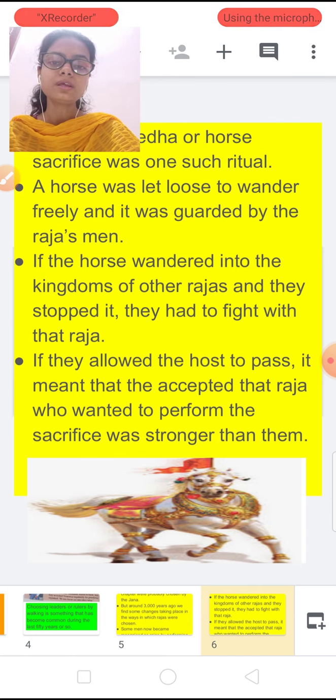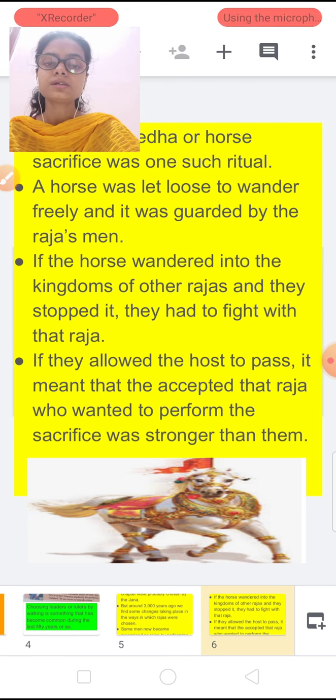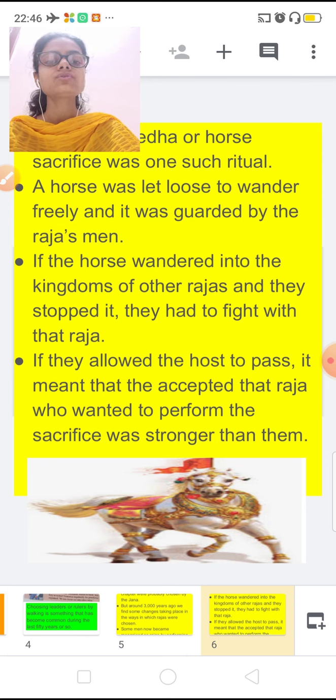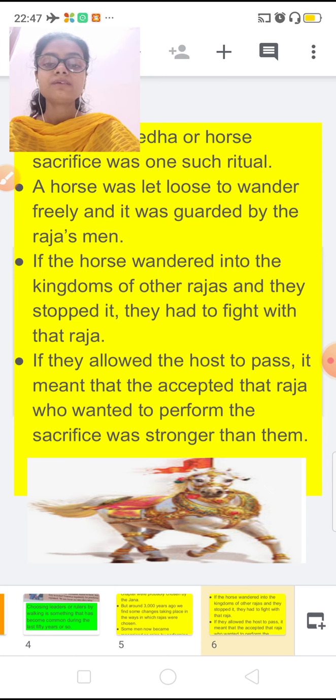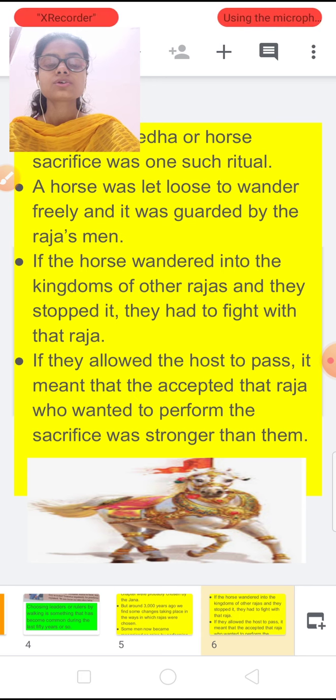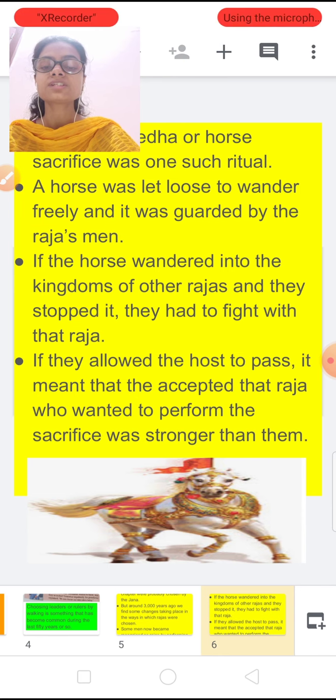In the same way, if the horse wandered into the kingdoms of other rajas and they stopped it, they had to fight with the raja who was performing the sacrifice. If they allowed the horse to pass, it meant that they accepted that the raja who wanted to perform the sacrifice was stronger than them.